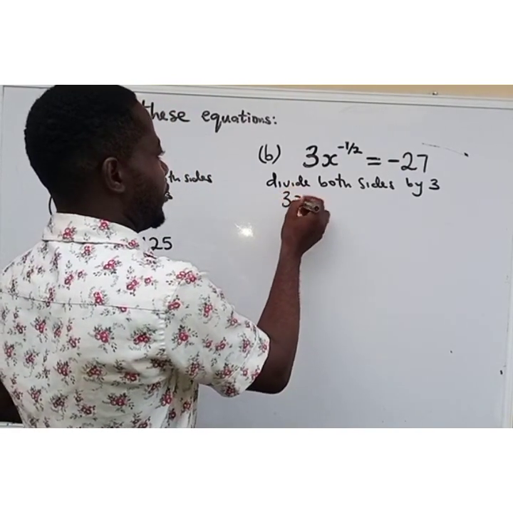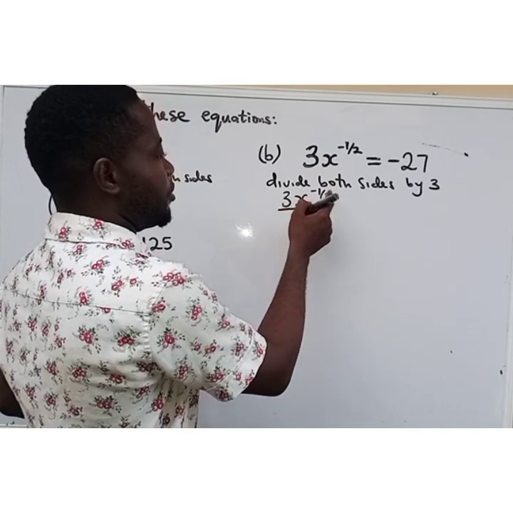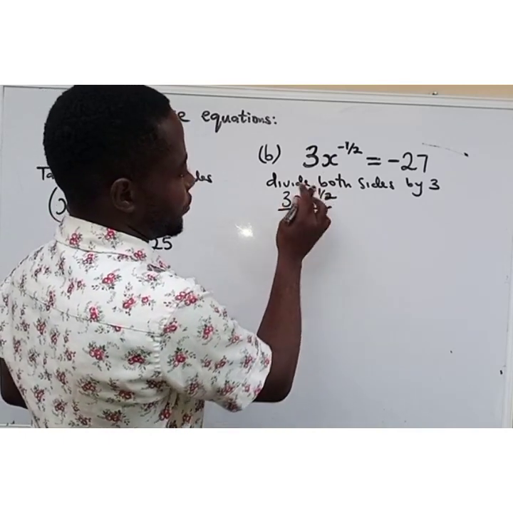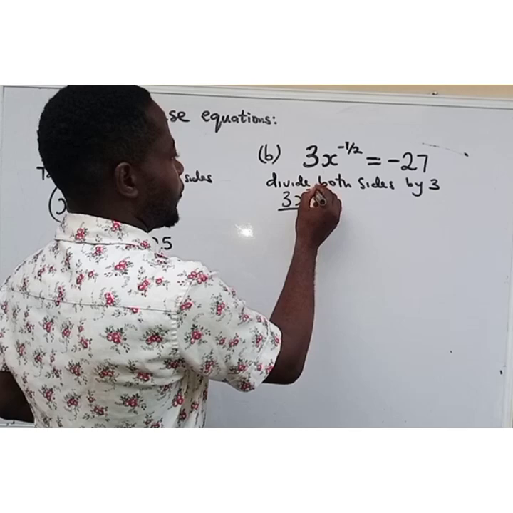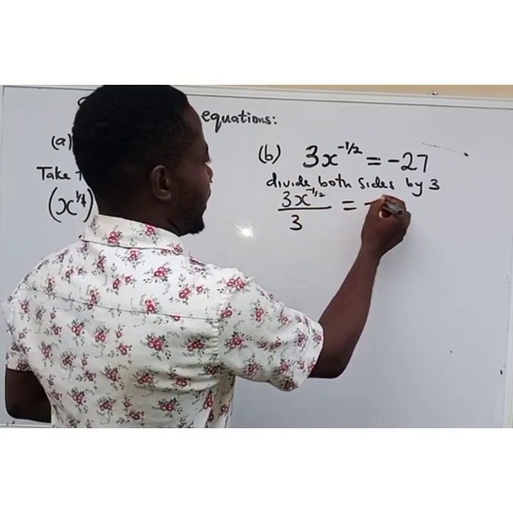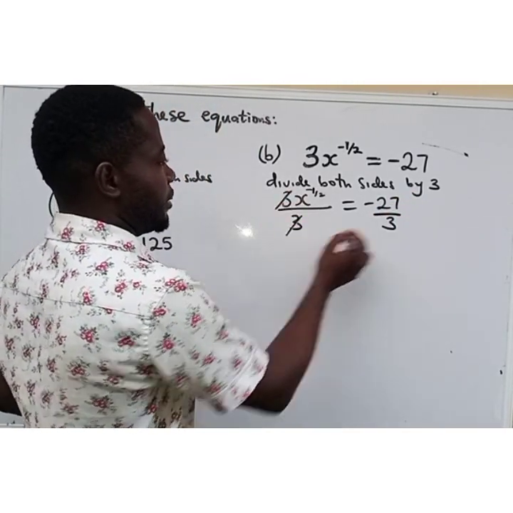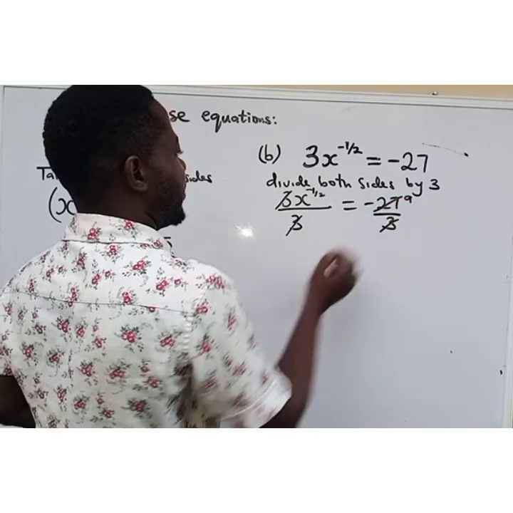Then I will have 3x raised to power minus 1 over 2 all over 3 equals minus 27 all over 3. Then 3 will cancel this, 3 will cancel this, we have minus 9.